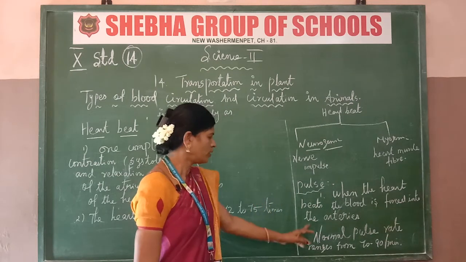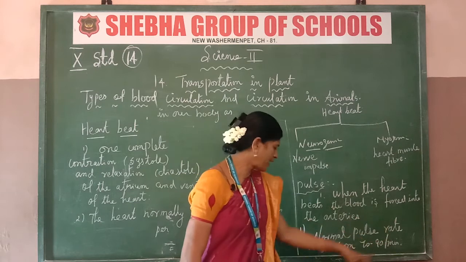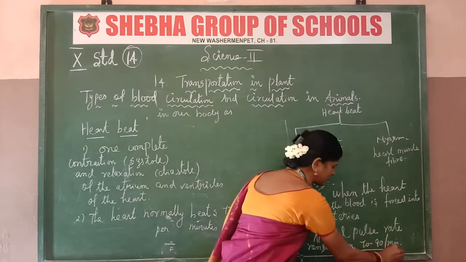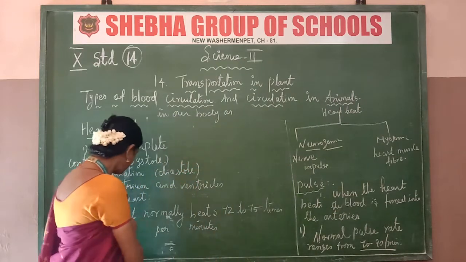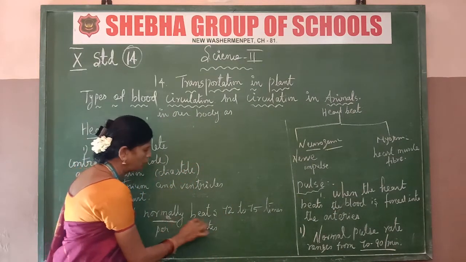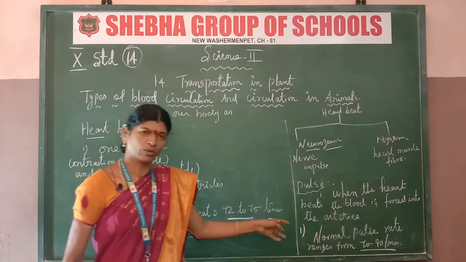It's clear? Once again, this is a 1 mark question: normal pulse rate ranges from 70 to 90 per minute. Then again, the heartbeat normally beats 72 to 75 times per minute.